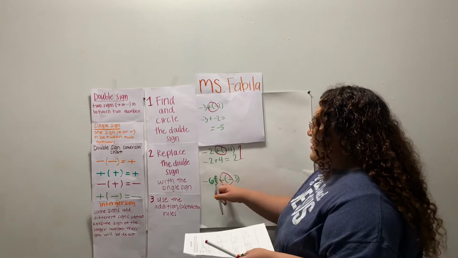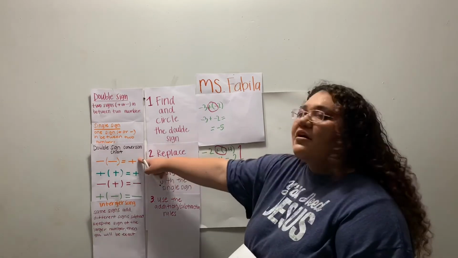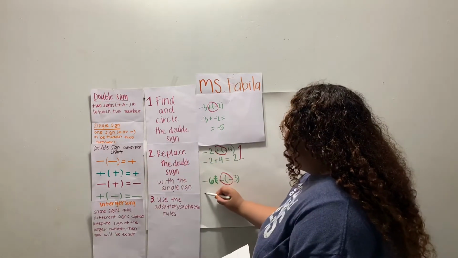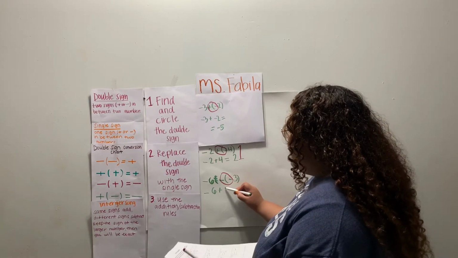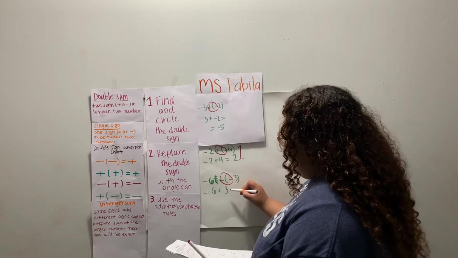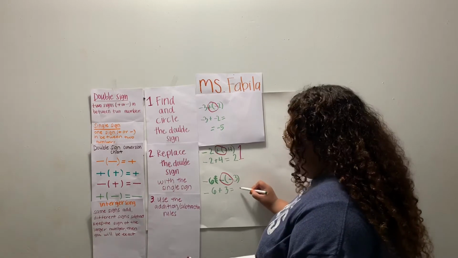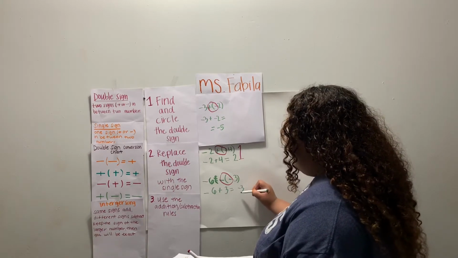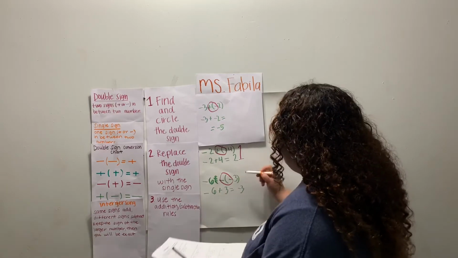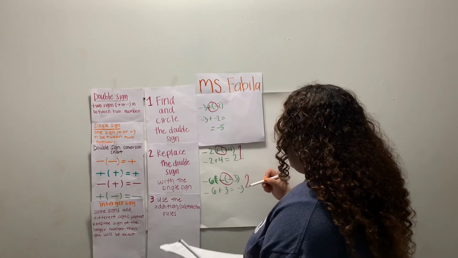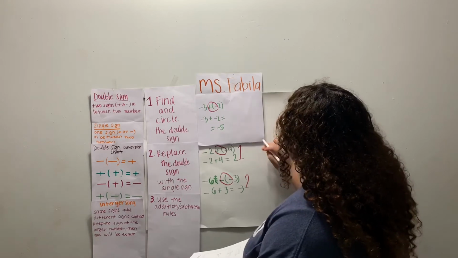And remember, it's a negative and a negative, so we're going to have a positive. So now the problem turns into negative 6 plus 3. And the answer we will get is negative 3. Here's our second problem.